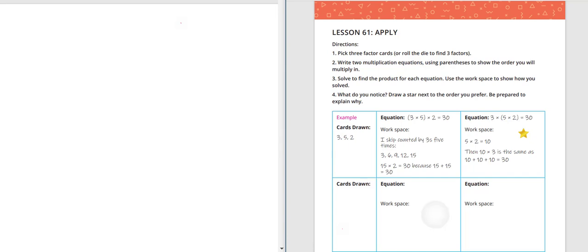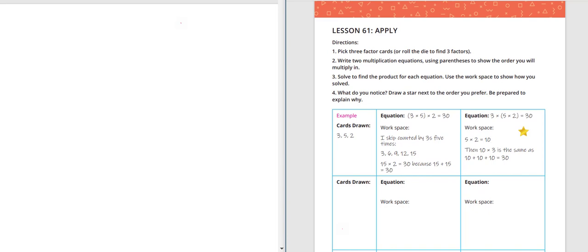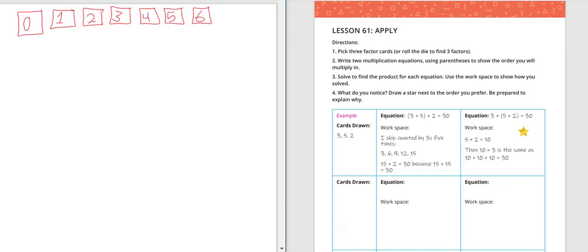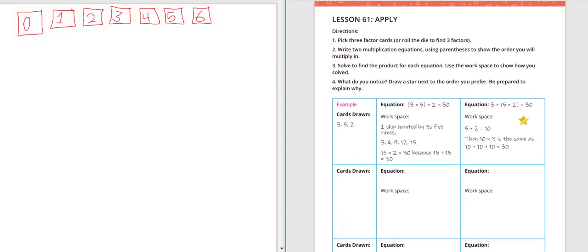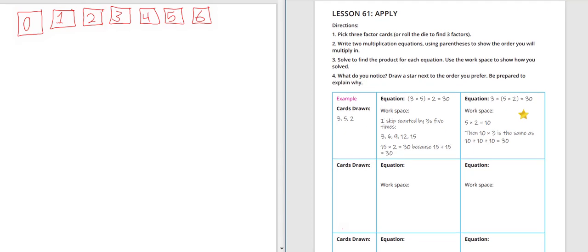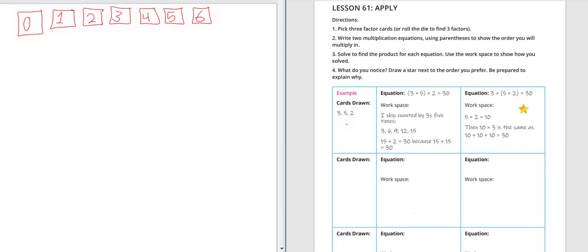It says number one, pick three factors: draw cards or roll the die to find three factors. On the left side here, we draw number cards from 0 to 6, and we can use any three factors from here. As written here, he takes 3 and 5 and 2.